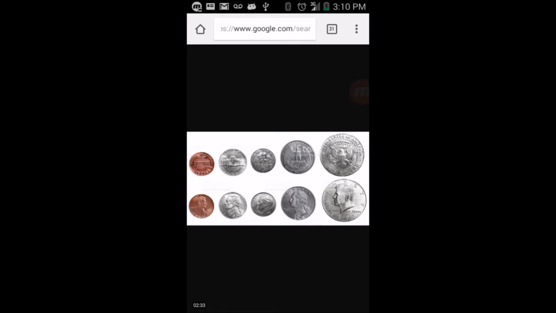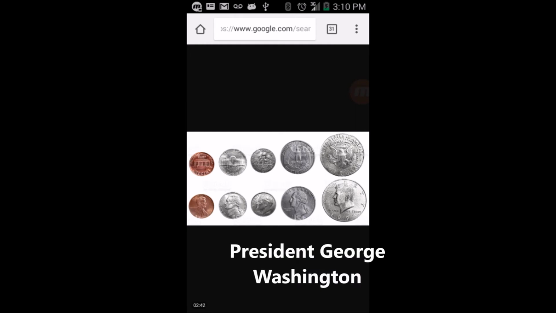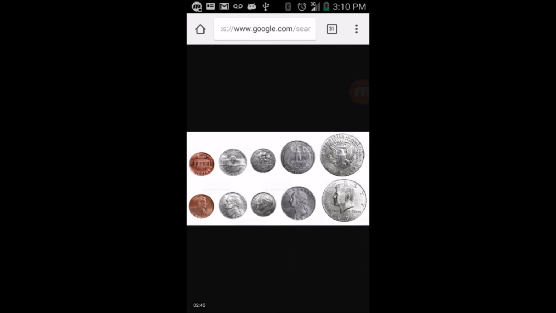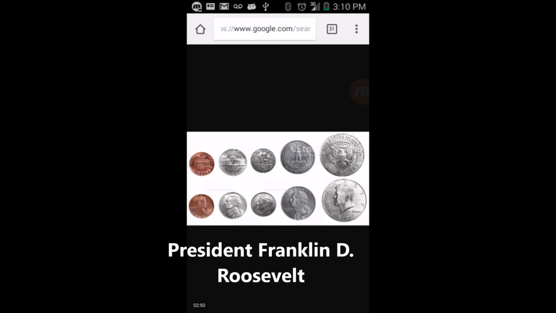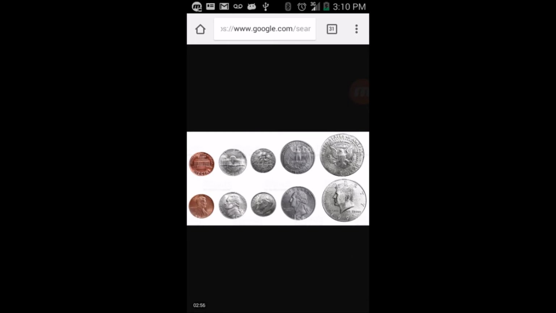You see JFK starting from the far right. That's the 50-cent piece, right? You see George Washington, okay? That's the 25-cent piece. You see this guy on the 10 cent, I forgot who he is, and you see him on the 5 cent.